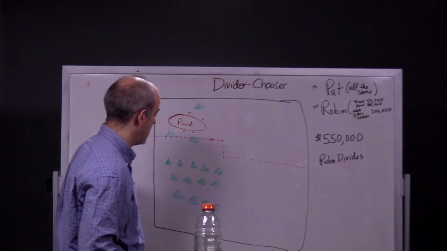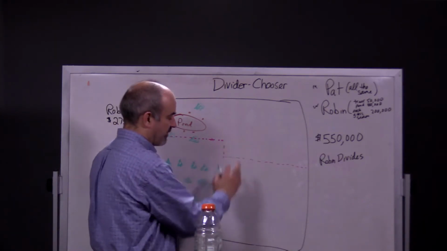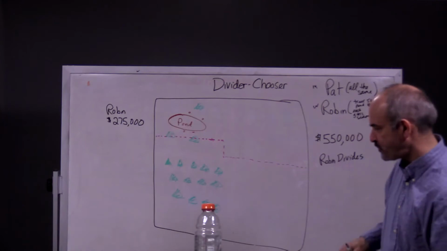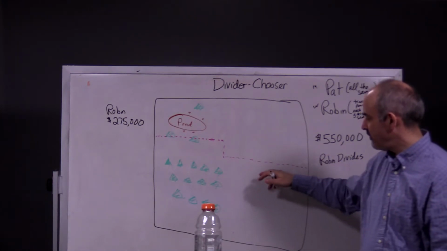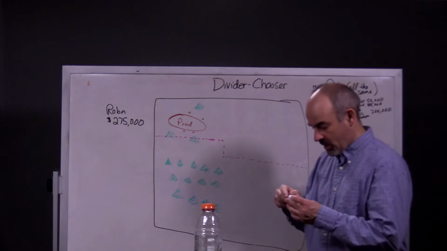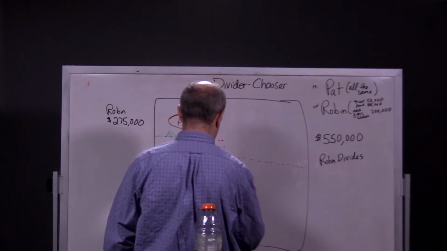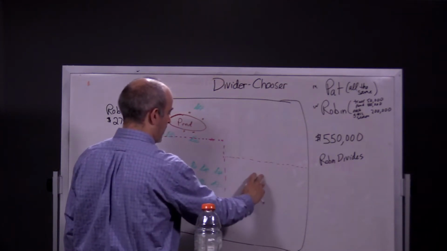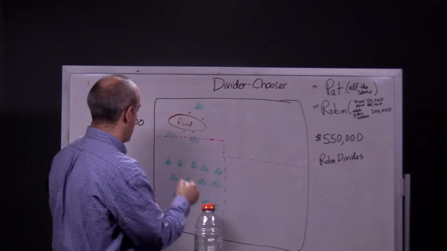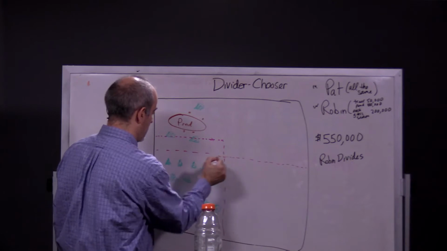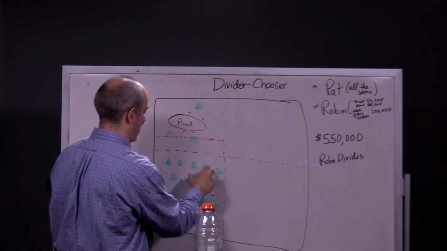Now to him, since everything's worth the same, we actually have to figure out what proportion of the land this represents. Well, if you recall, this part here is exactly 1/4 of the whole thing, okay? This part here is also 1/4. So he's going to get 1/4 plus 1/4, so that's a half.